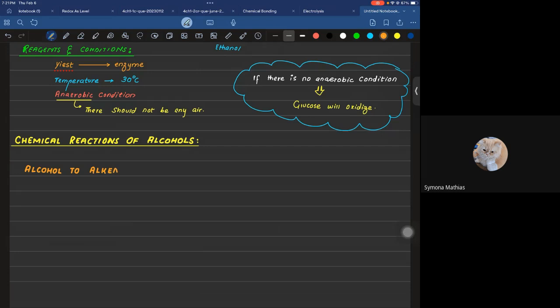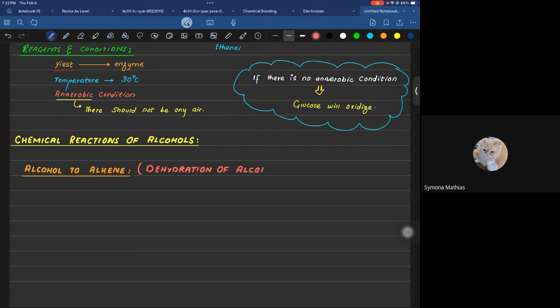Alcohol to alkene. This is also known as dehydration of alcohols, right? Okay.